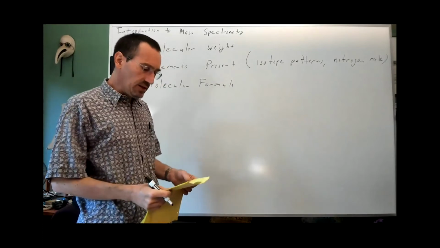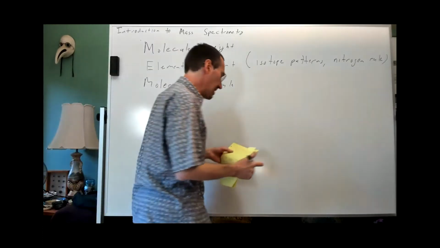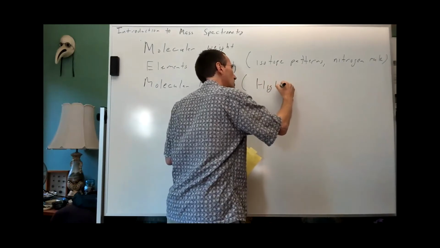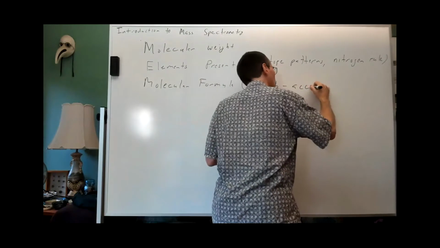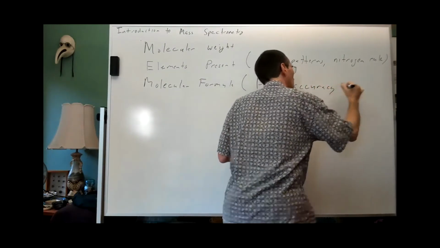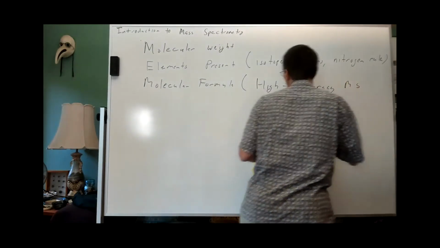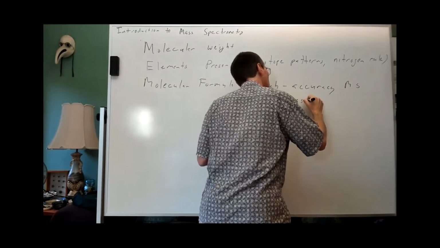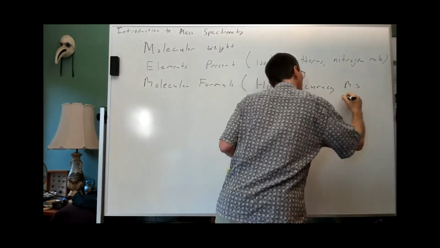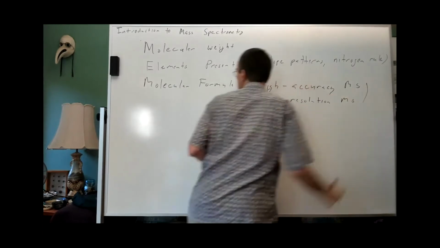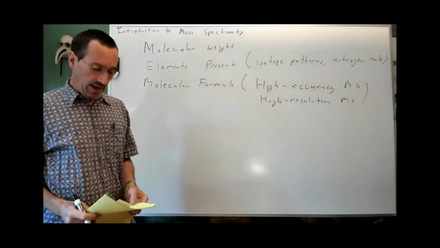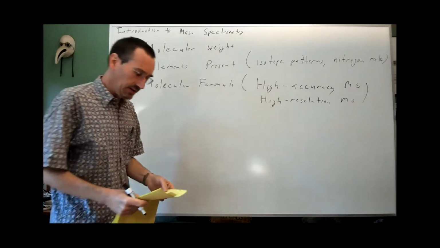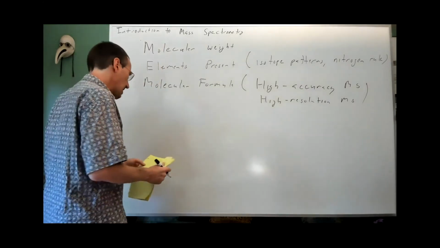But specifically, what's often referred to as high-resolution mass spectrometry, but perhaps is better described as high accuracy mass spec, can give rise to unique molecular formulas that only match that highly accurately determined mass.